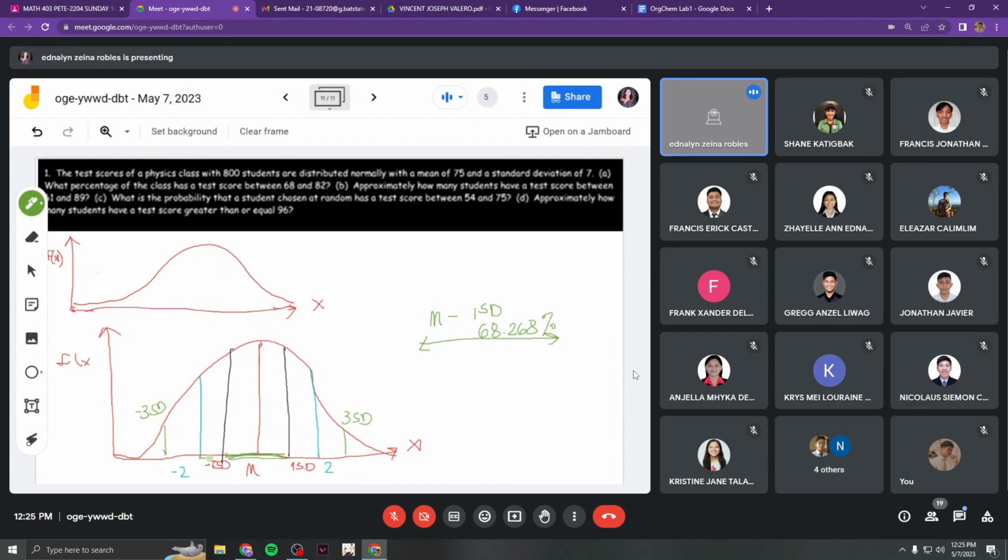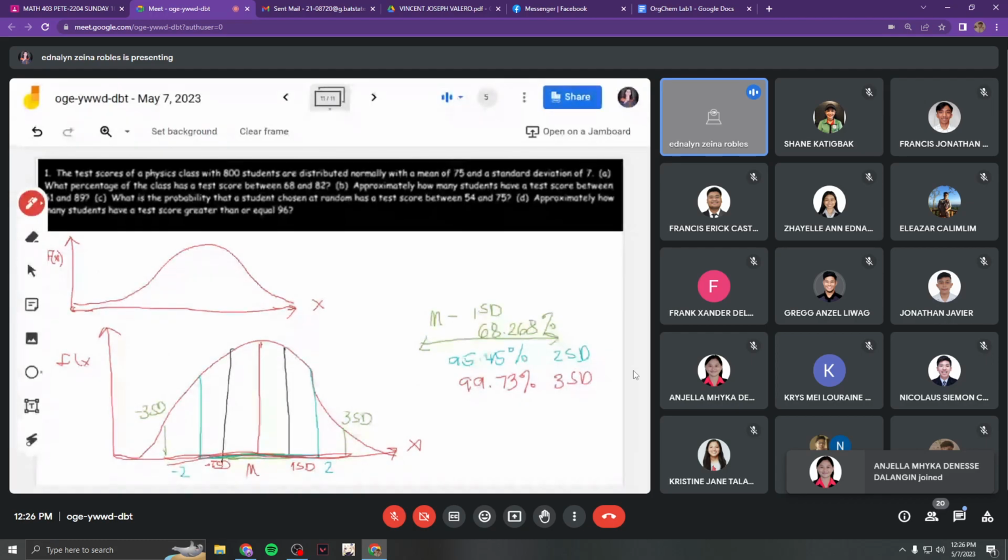And the probability for the second standard deviation is 95.45%. And the probability for the third standard deviation is equal to 99.73%.